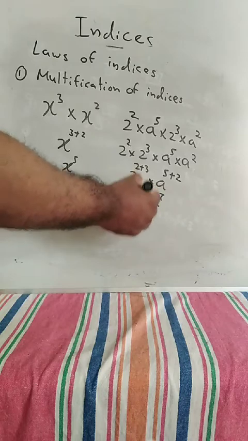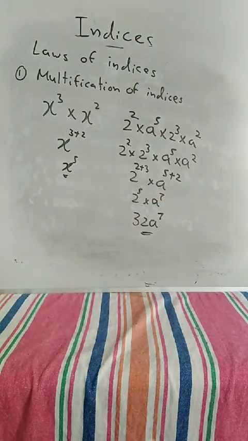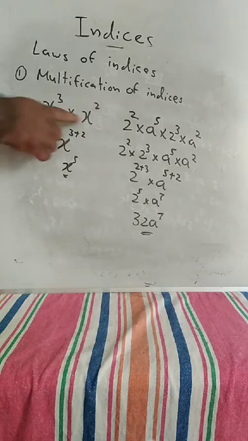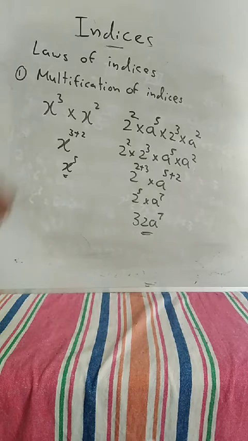The value of 2 to the power 5 is 32. a to the power 7. This is the answer. Multiplication of indices. When the base is equal and it is multiplication, add the indices.